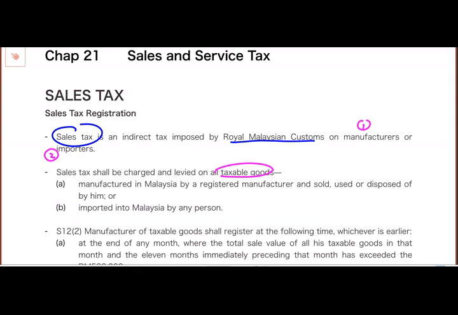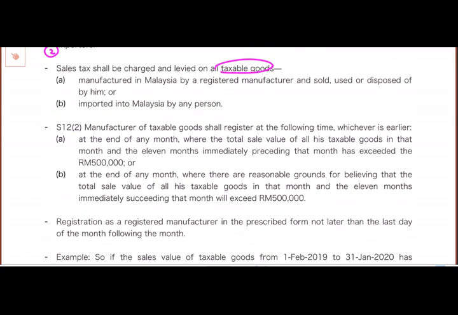Alright? Now, in order for you to impose sales tax as a manufacturer, what you must do is you have to register yourself. So you have to be a registered manufacturer. And if you need to register, then there must be a threshold.